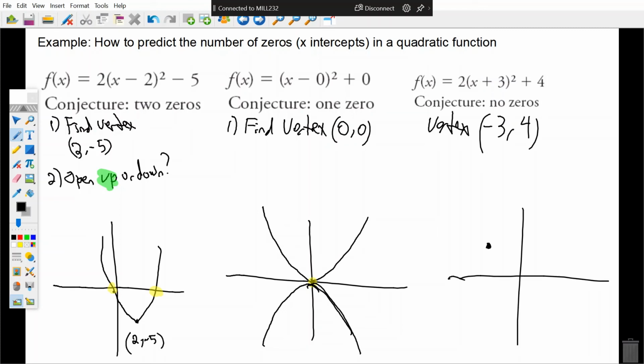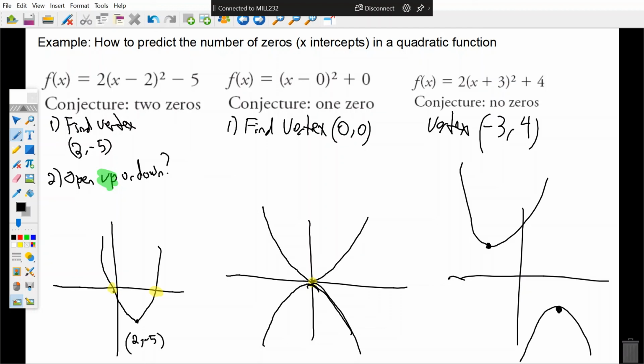And this graph opens up. How many x-intercepts does this have? 0, right? The vertex is above the x-axis, and the graph opens up. It actually has 0 x-intercepts. Same thing, if the vertex was below and the graph opened down, how many x-intercepts would that have?